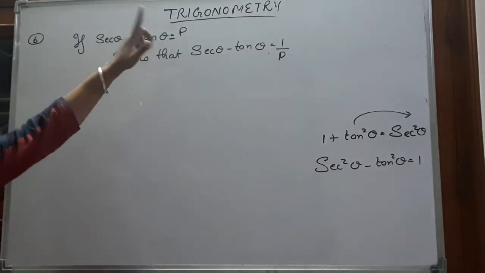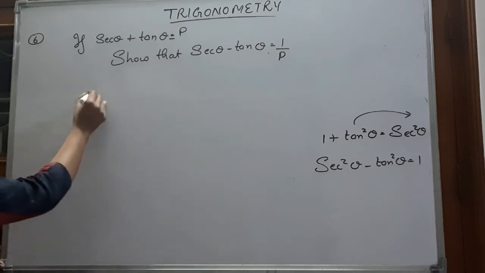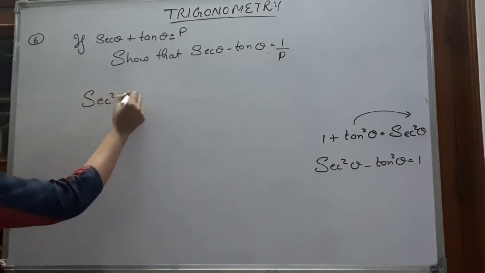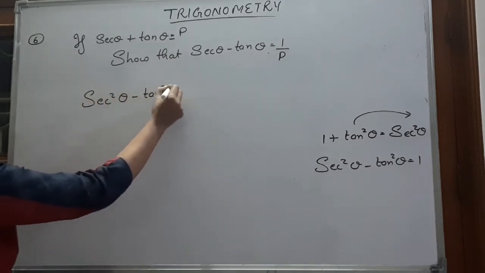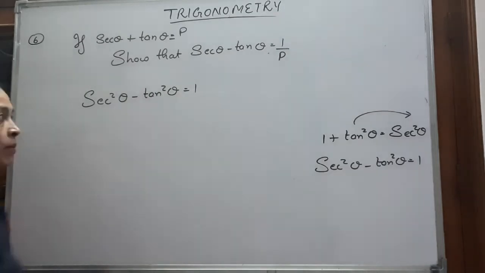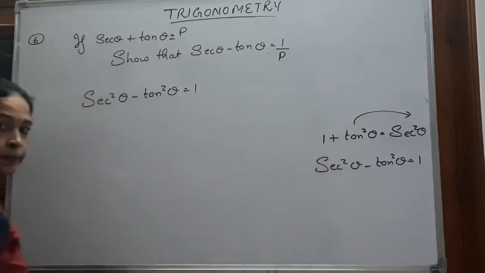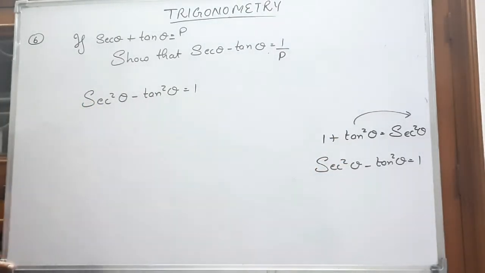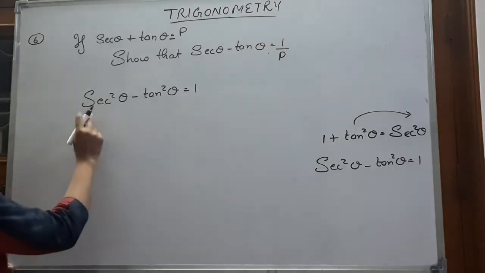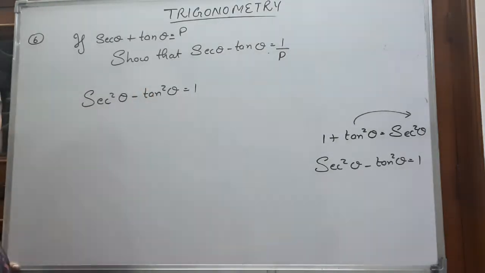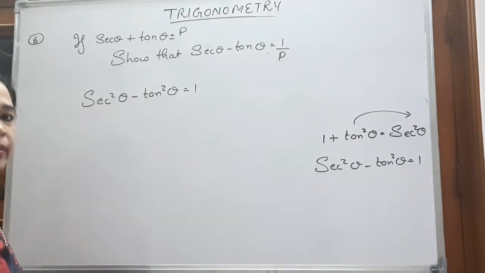You can write it on either side. So sec theta plus tan theta equals to p. If we write this identity, sec square theta minus tan square theta is 1. In the bracket you must write this identity. Examiner will be very pleased to see it. This is a whole square minus b whole square. What is a square minus b square?